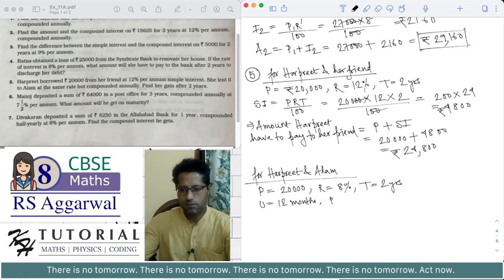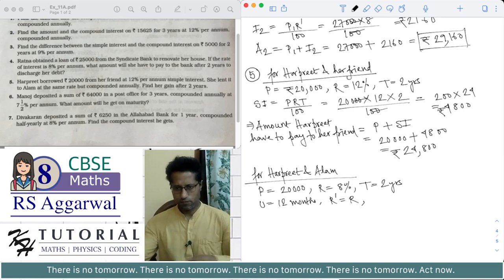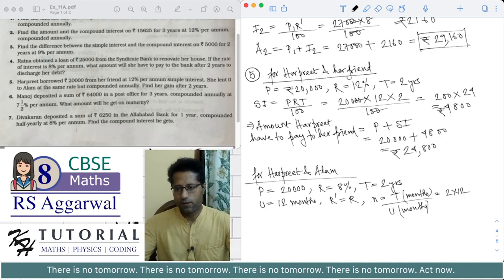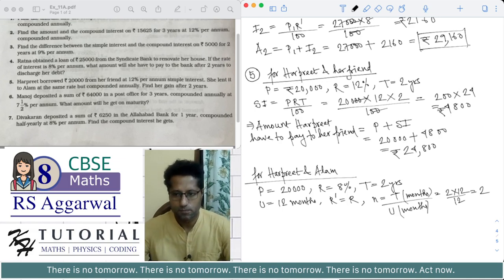Since the unit of time is 12 months or 1 year, R dash will be equal to R. And how many times do we have to calculate the interest for the compound interest? This is small n equal to T in months divided by U in months. So T is 2 years, so 2 into 12 divided by 12, obviously we have to calculate the interest 2 times.